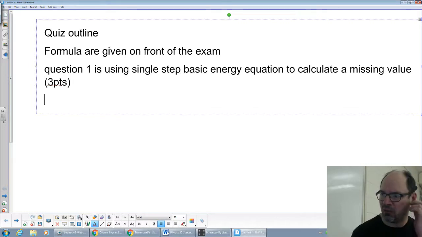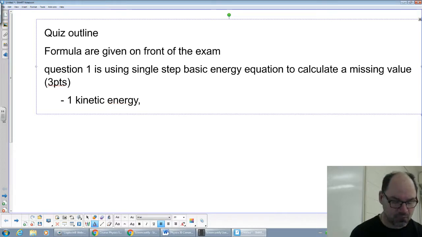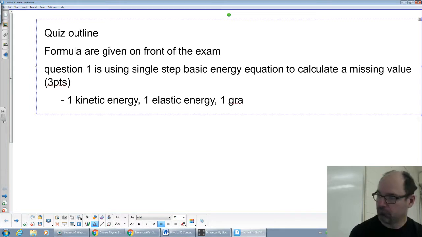And it's going to be one of each type. So you're going to have one kinetic energy, one elastic potential energy, and one gravitational potential energy. Okay, and they're 1 mark each.